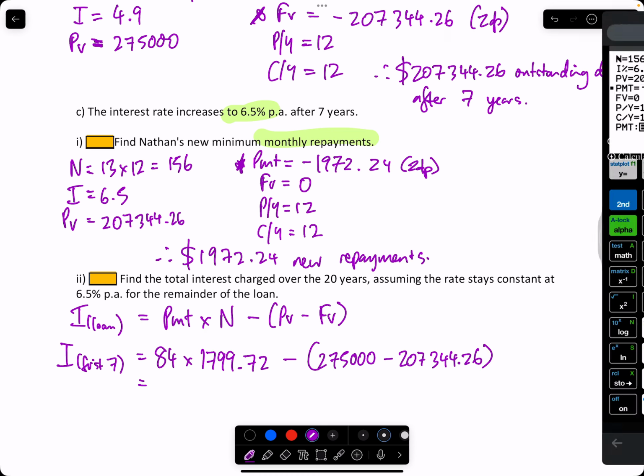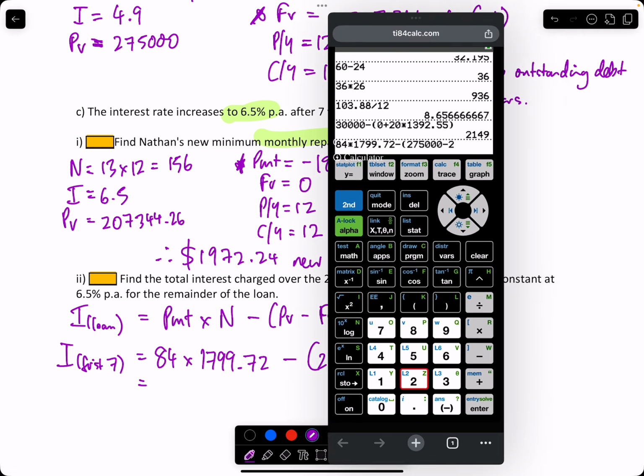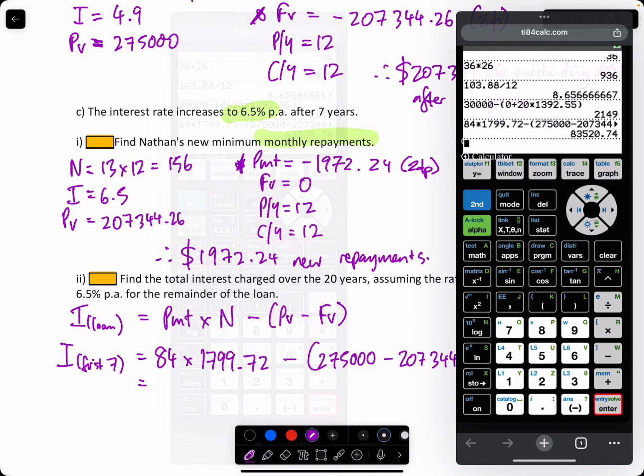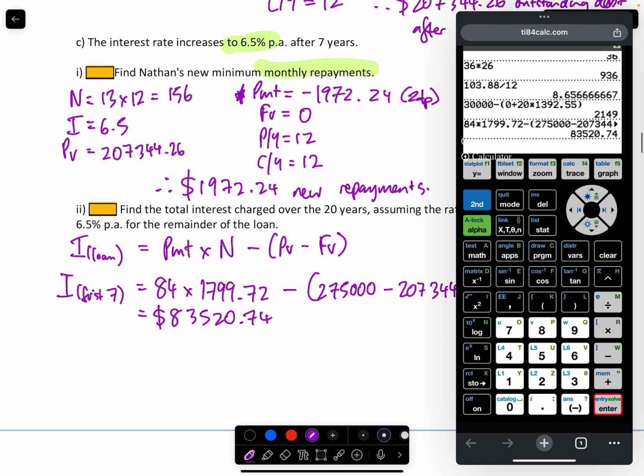So that comes to 84 times 1799.72 minus 275,000 minus 207,344.26. So he paid 83,520.74 interest in the first 7 years.